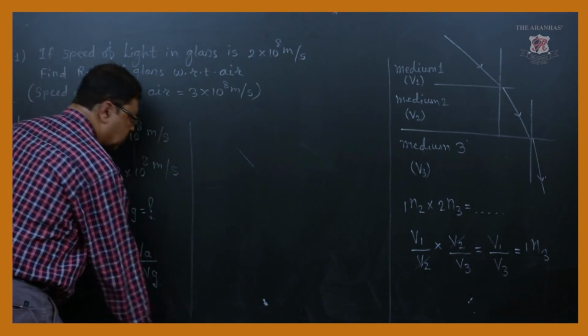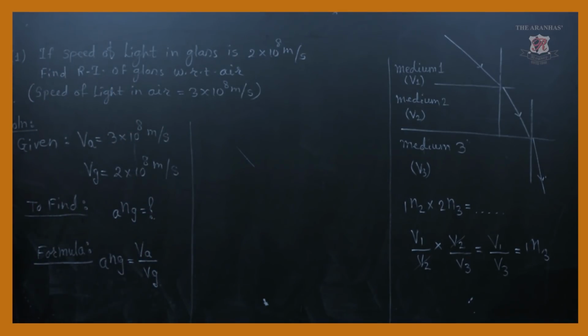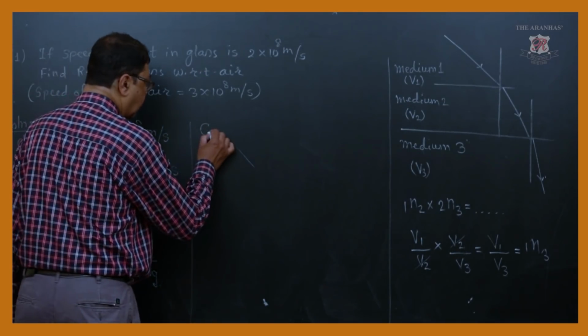Do you have the values? Observe, there are certain numericals in which you will have to identify the values by some other formula. But here I have both the values given directly. So next comes calculations.